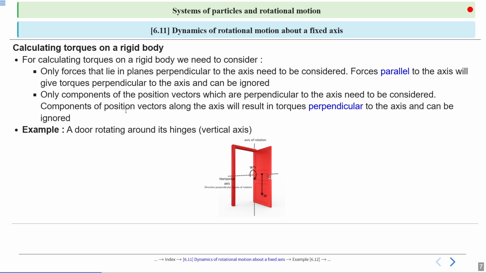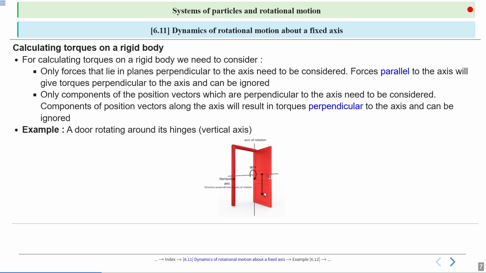All right. Only the components of the position vector that are perpendicular to the axis are important here, because if a point on the door is aligned along the axis, it won't help in rotating the object.